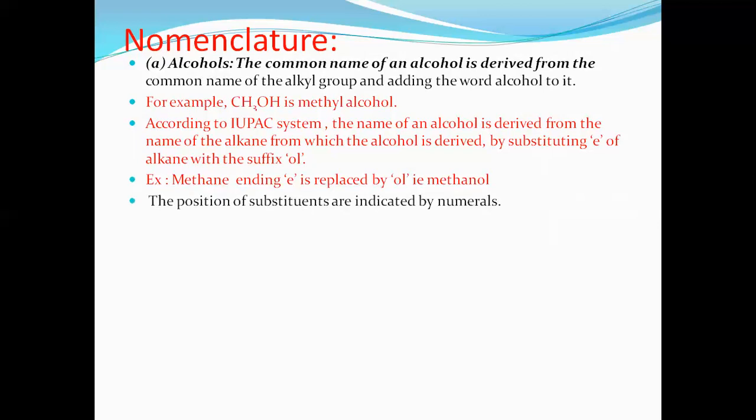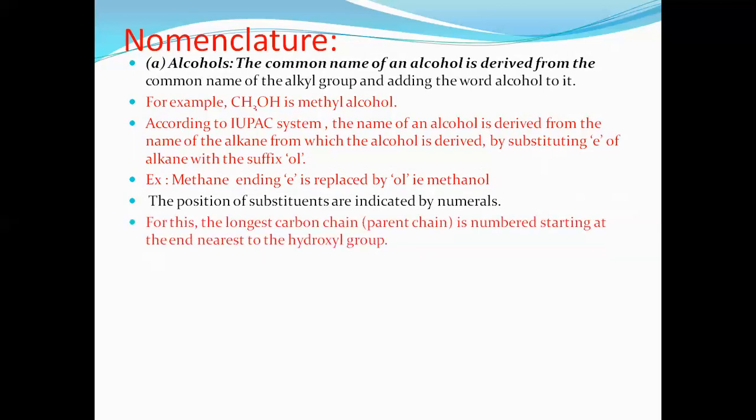Now suppose the chain contains substituents. You know the substituents: alkyl groups, nitro, halogens, there may be different substituents. When we have substituents, they have to be given positions by numbers. We have to give the lowest possible number. Then how do we start the numbering?